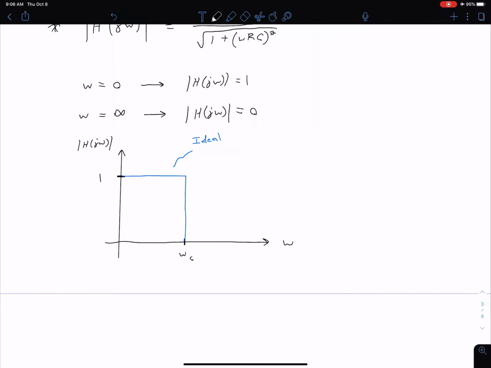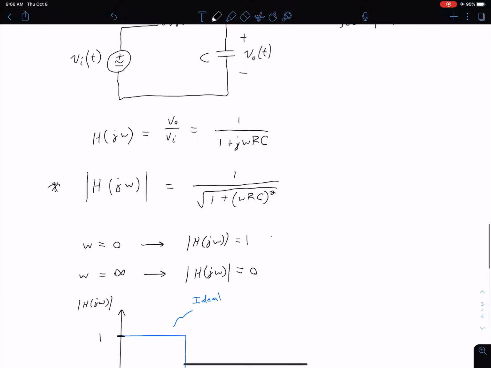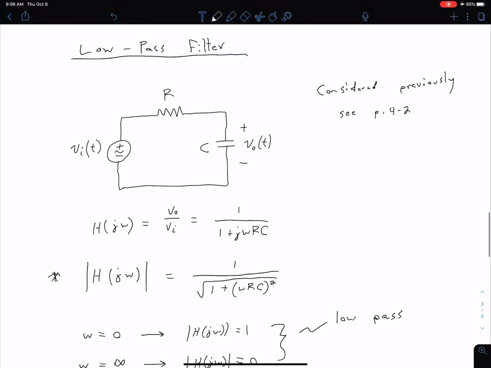One other thing that I want to note before I forget is that from this behavior here, we can say this is a low pass filter. But if we come back to our circuit, this is dependent on the fact that we defined our output voltage across our capacitor. As an interesting activity, you could define your output voltage instead to be across the resistor, and we would see that the type of filter would change.